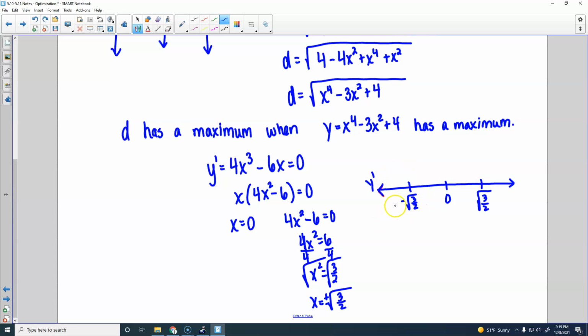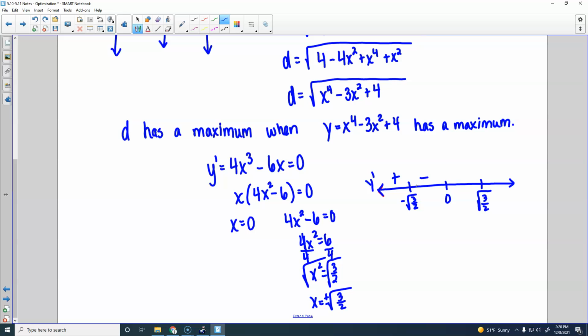And so if we plug into this, if I plug in something less than negative square root of 3 over 2, like negative 10 something, we would get 4,000 minus 60. You'll get a positive here. Something between negative square root of 3 over 2 and 0 would be like 1. If we plug in 1, we would get a negative.